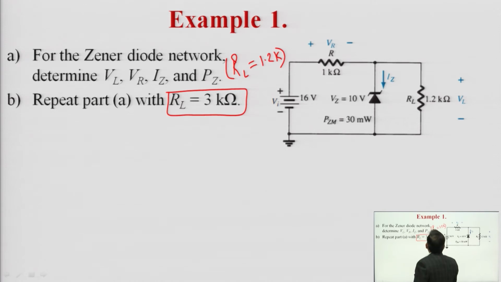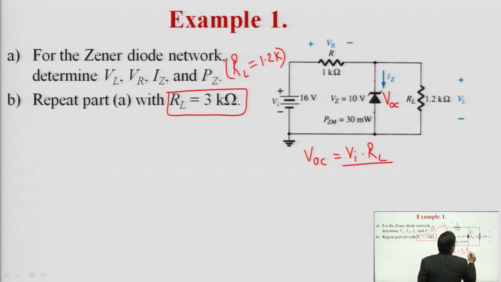So, first of all, when RL equals 1.2 K, we will remove this Zener diode from this circuit and calculate the open circuit voltage VOC. This VOC is nothing but VI multiplied by RL divided by R plus RL.